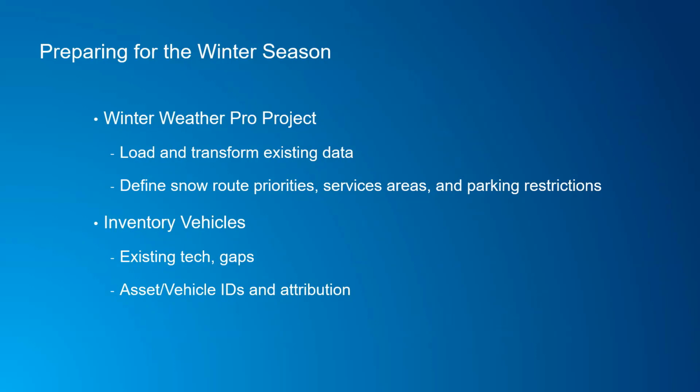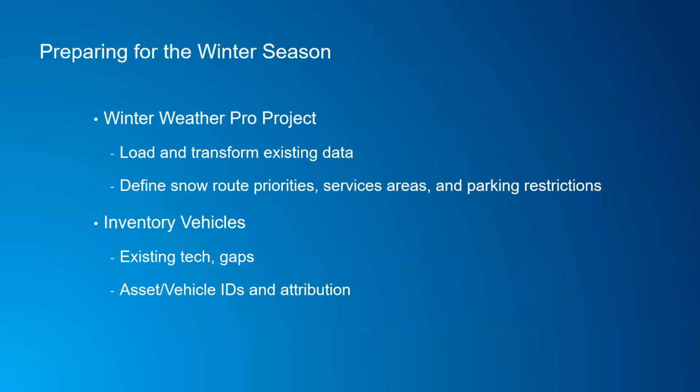Inventorying vehicles is also a critical step in preparing and planning for your upcoming winter season. With this workflow, you will document the current state of technology and needs of your winter fleet for each vehicle, including documenting each vehicle with its unique asset number or ID, and additional information about the vehicle that will be helpful for response planning as well as during active operations.